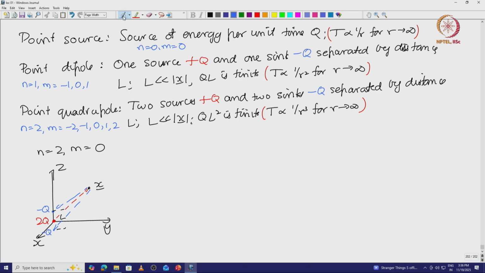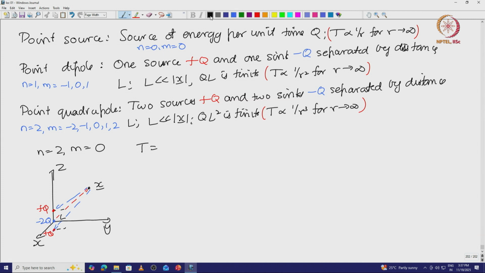I am sorry, I have reversed it. I should write it the other way. There are two sources at plus L and minus L. So, this is plus Q and I have minus 2Q here.